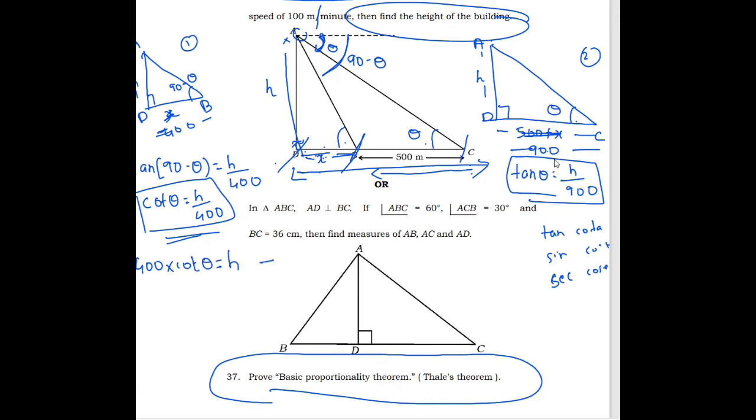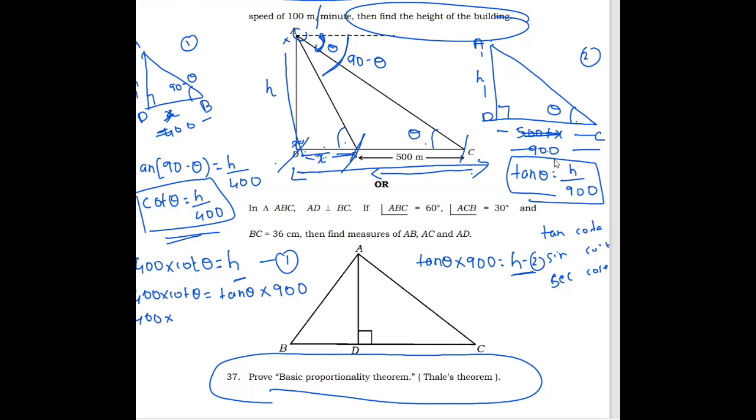This is equation 1. Here, tan theta into 900 is equal to h, this is equation 2. h is here and h is here, so can I equate both? I'll equate 400 into cot theta is equal to tan theta into 900.